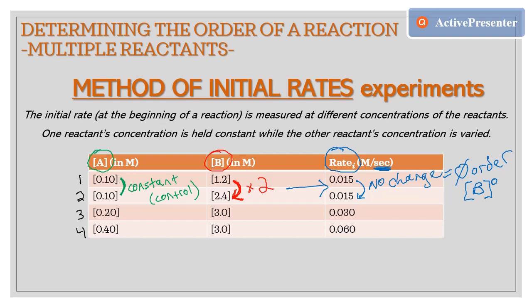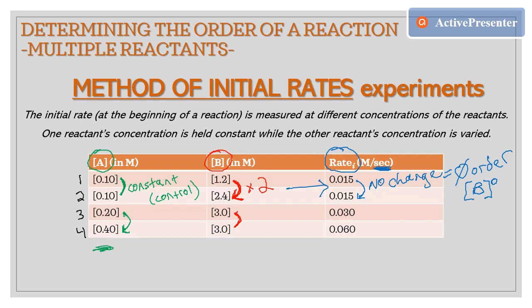Okay, let's go back to experiments 3 and 4 now. Over here in column A, we doubled the concentration from 0.20 and measured that, and then we did another experiment and changed the concentration to 0.40 and measured that. Meanwhile, in the same experiments, we left the concentration of B at 3.0 molarity.